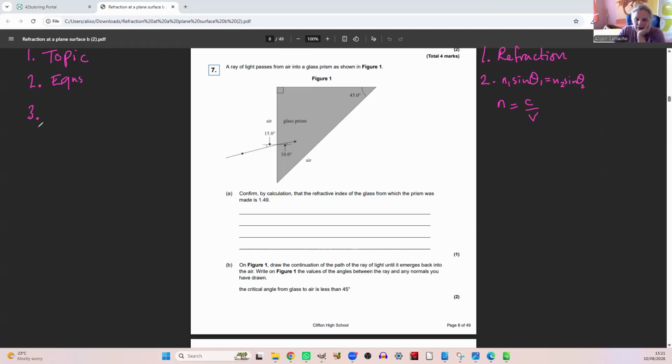So number 3, how many marks for the first part? Just a 1. 1 mark, so it should be straightforward, this first bit. Then next bit, what is the command word?